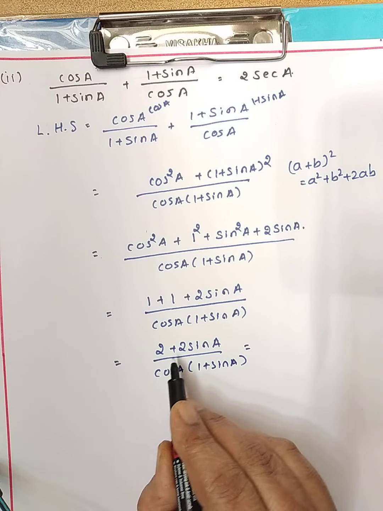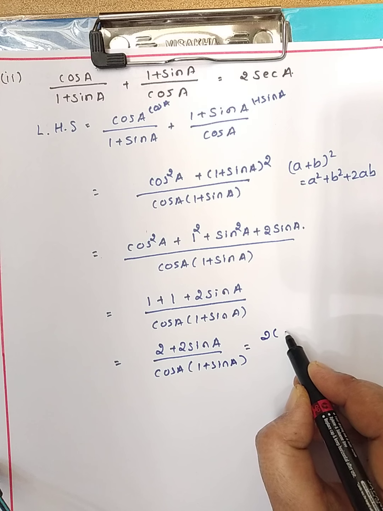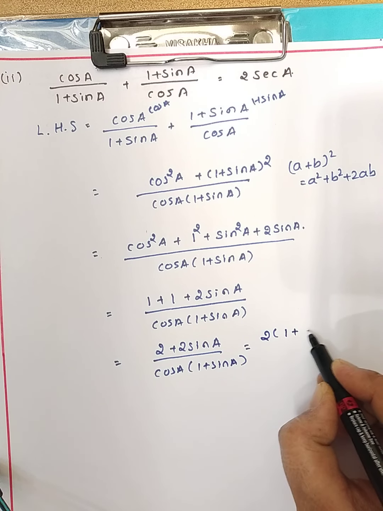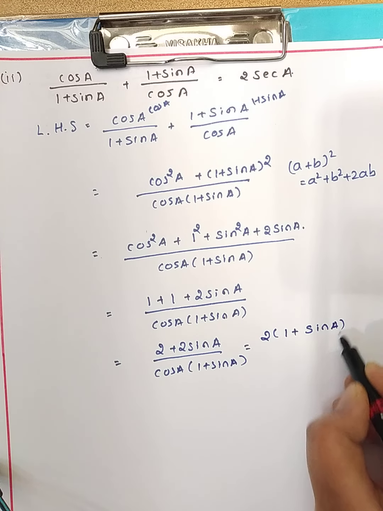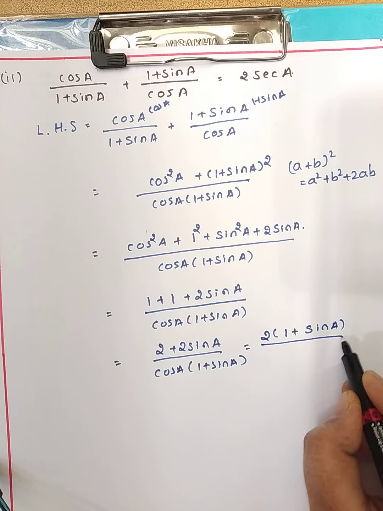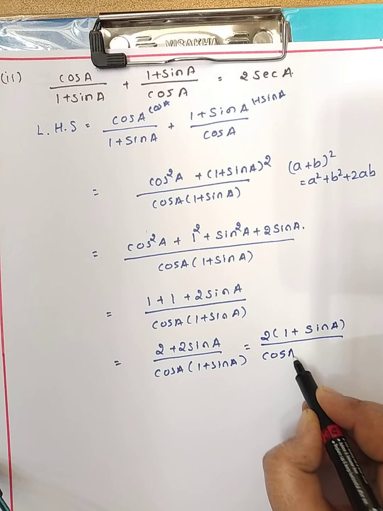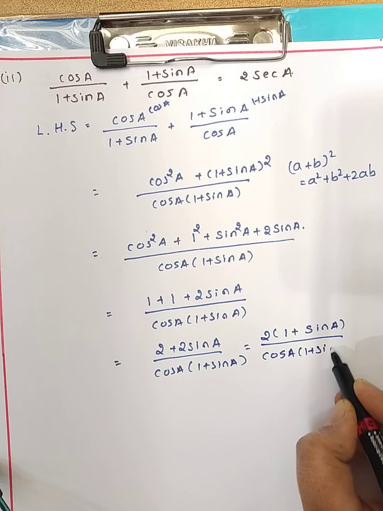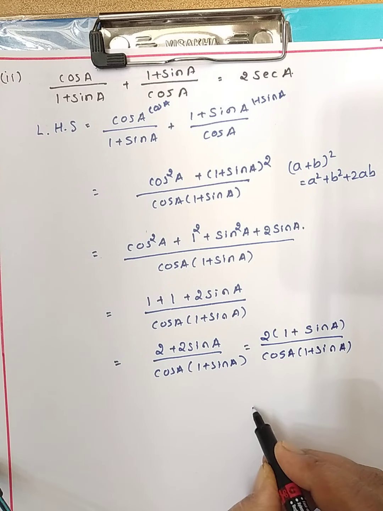Next step is take 2 common from the numerator: 2 into (1 plus sin a), over cos a into (1 plus sin a).